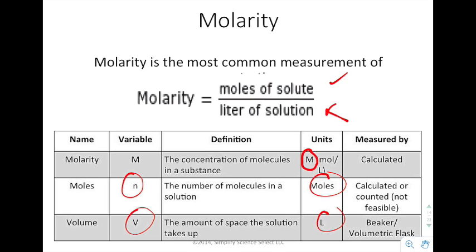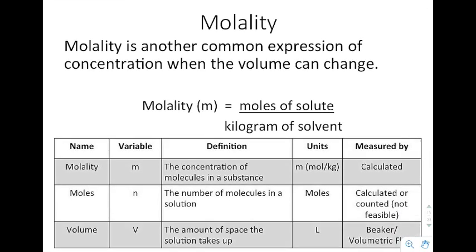Now, molarity is not the only value for concentration. In fact, there are several other values for concentration, including molality, which is a common expression for concentration. Molality is very, very similar to molarity.